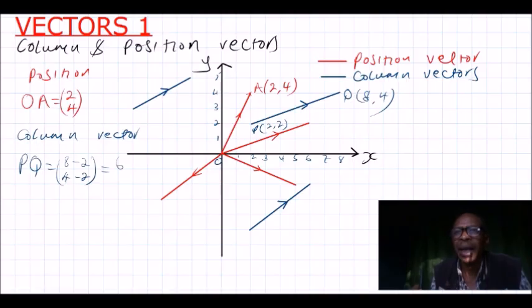So the components of this vector are 6 and 2. So I hope now you can differentiate between column vector and position vector. And that brings us to the end. I'll get a question maybe for you to practice on this. But that is a position vector and column vector.